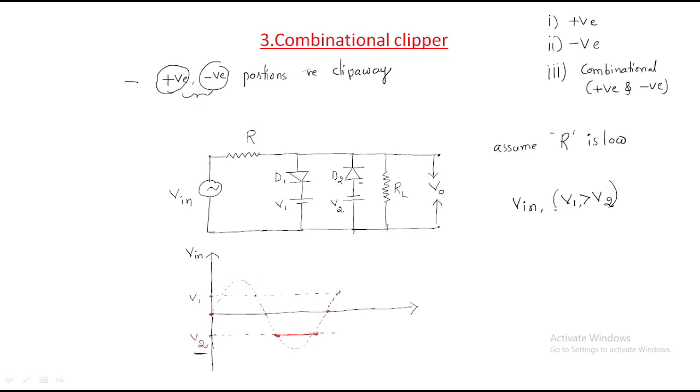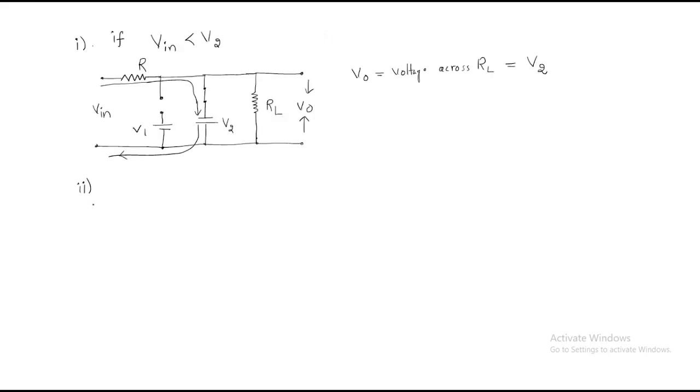Draw the dotted line again, and this is a closed path. So we need to look at this area, which is between V2 and V1.